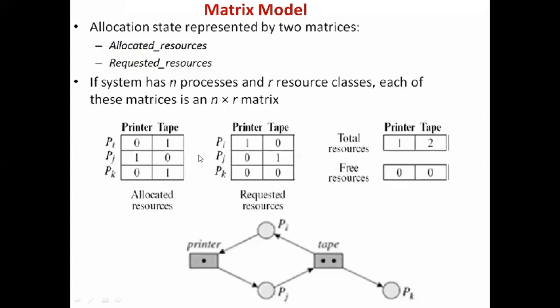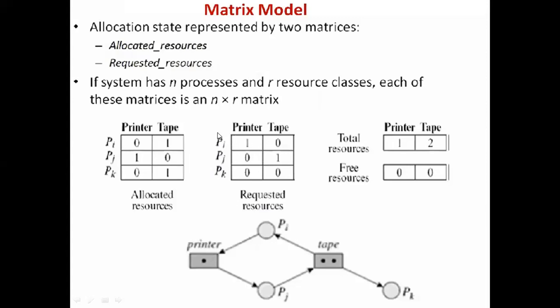Okay, so the next kind of matrix is the requested resource matrix. As the name itself indicates, the requested resource matrix will indicate the processes along with their requested resources. If you see the same RAG graph, you can guess which resource this particular process PI is requesting for. The printer resource.